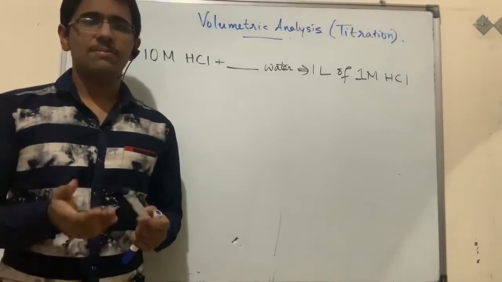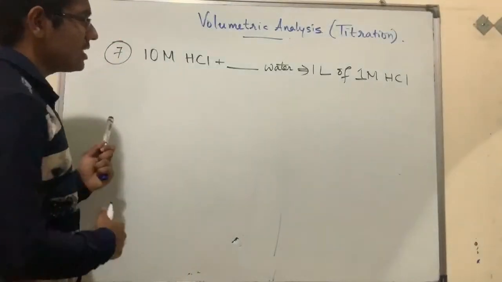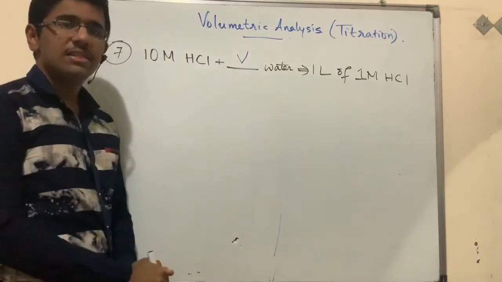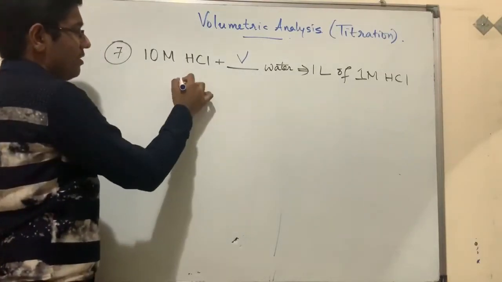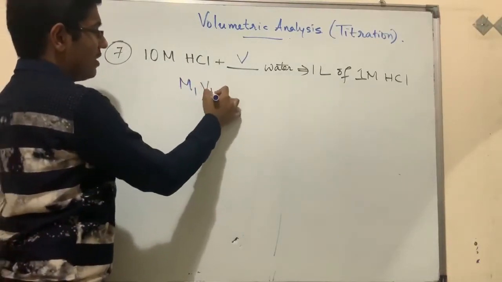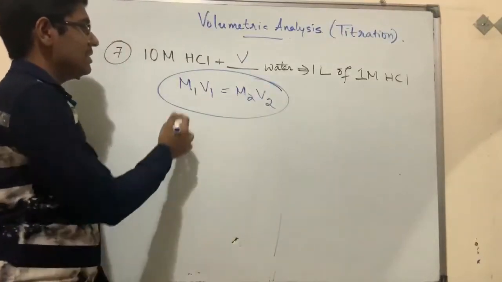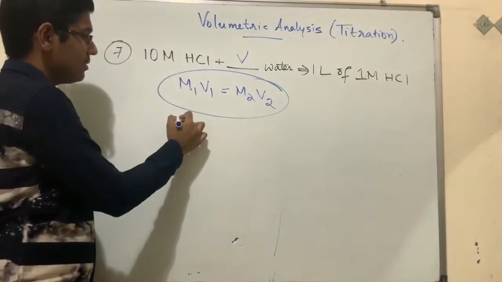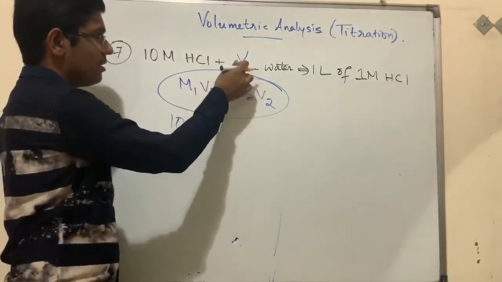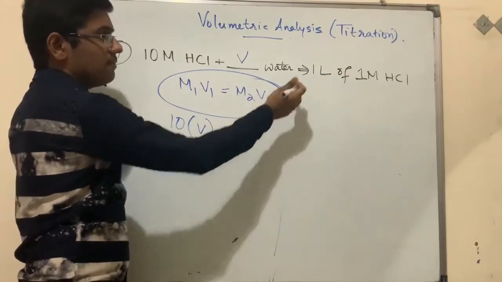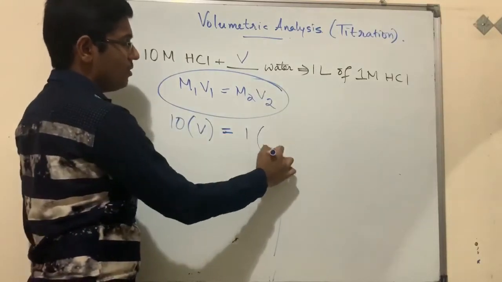So how do we explain that? If they are asking such a question, you have to find the volume V, in liters. Here we have to apply the dilution formula, M1V1 equals M2V2. So M1, the first molarity, is 10, into V1, the first volume, equals the second molarity, 1 molar, into 1 liter.